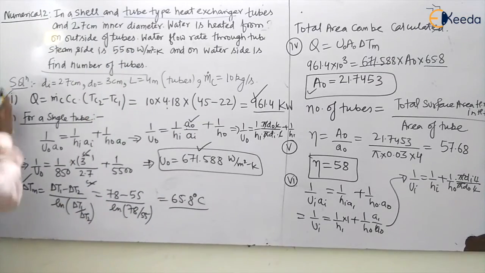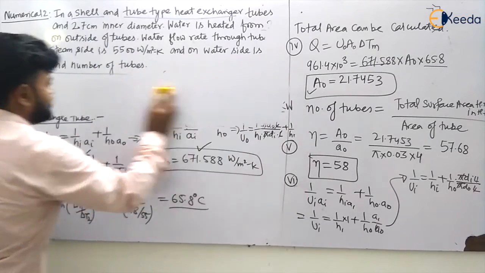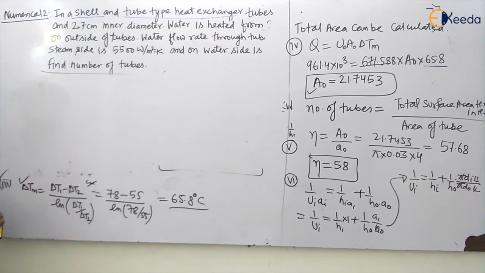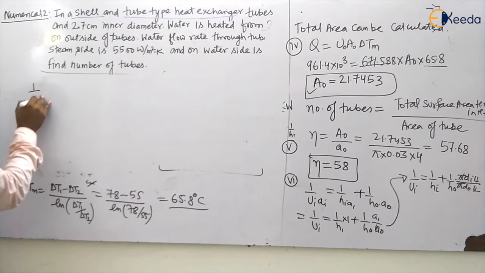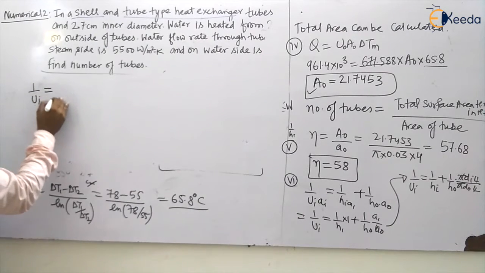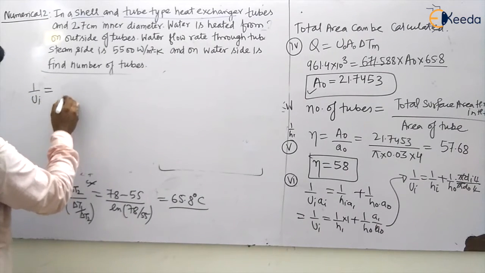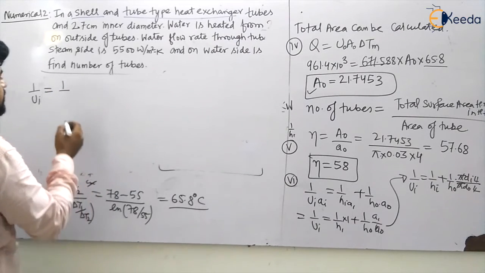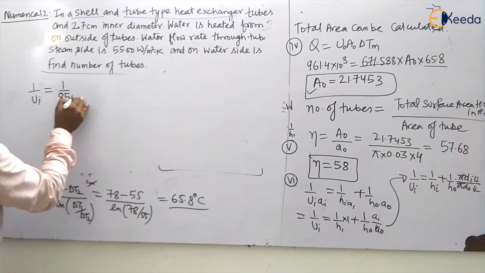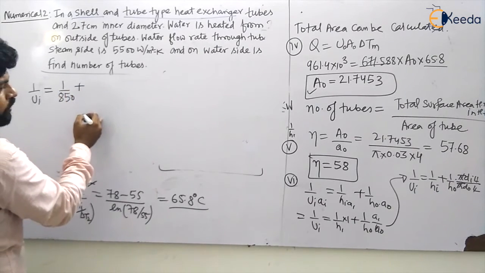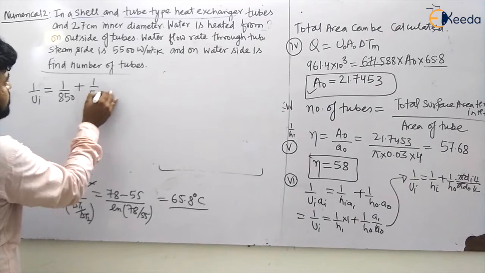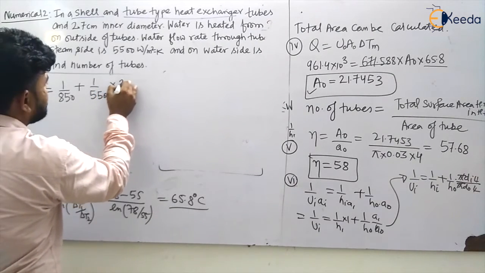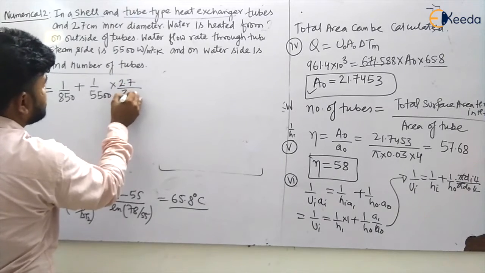So let us see what I will have. So my dear students, this will become 1 upon Ui is equal to 1 upon Hi. What is Hi, my dear students? Hi he has given to be 850, plus 1 upon H naught. H naught is how much? 5500, my dear students. Multiply by Di, he has given 2.7. D naught he has given 3 centimeter.